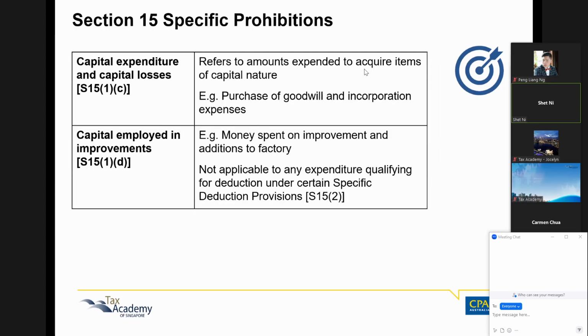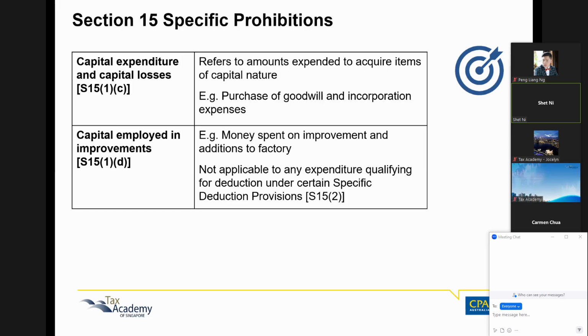Then we have 15.1c, capital expenditure and capital losses. This refers to amounts expended to acquire items of a capital nature. For example, a purchase where you bought over a company may have a goodwill component, or when you set up the company, you need to incur incorporation expenses.